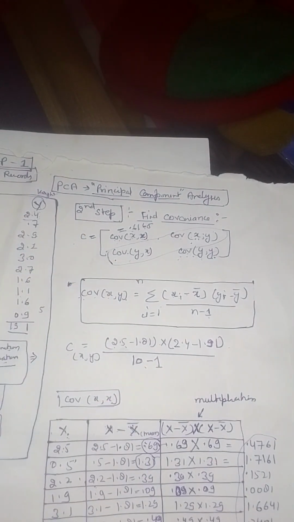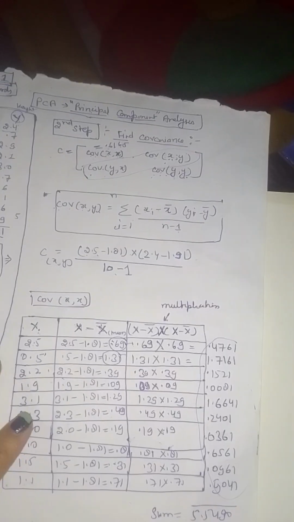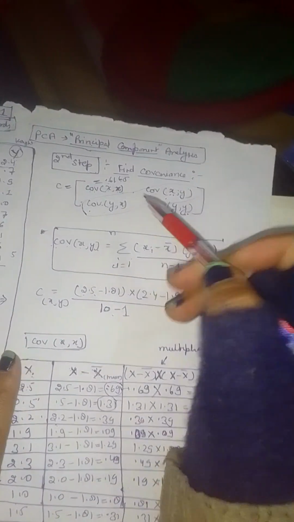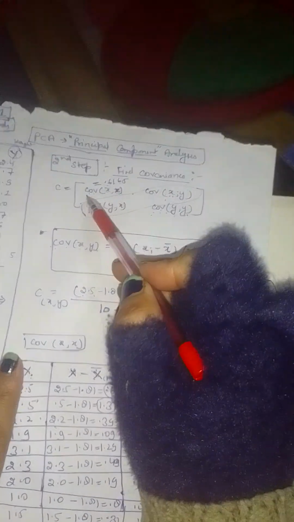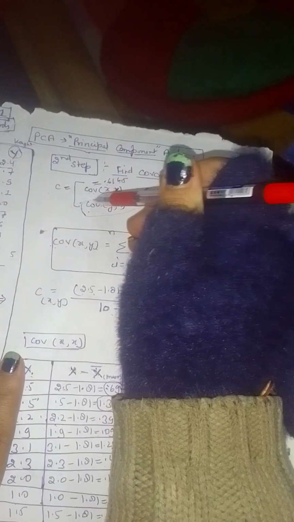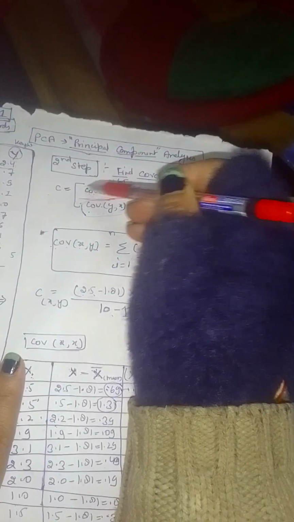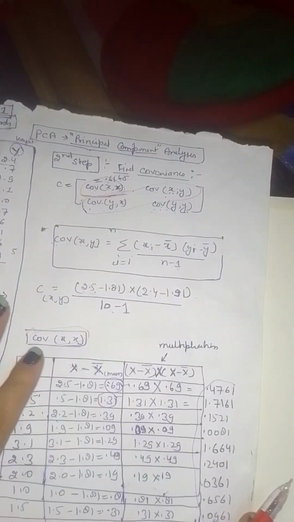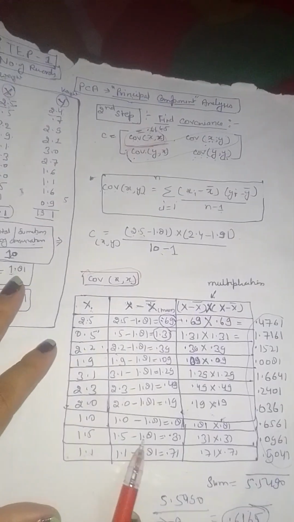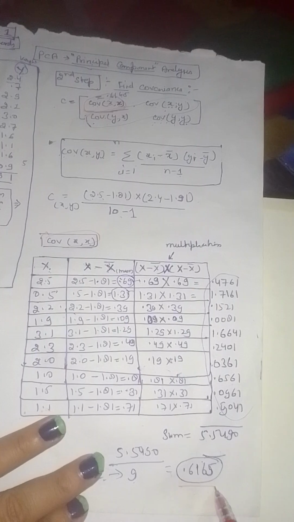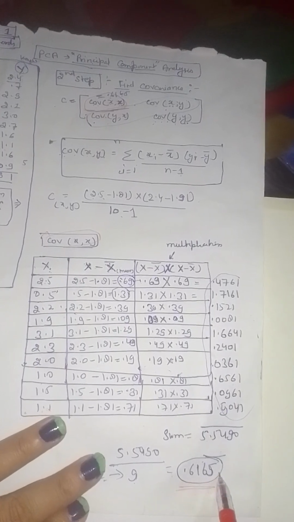After the formula, I calculated the covariance of xx in part 2. This whole table I taught you how to calculate in my previous video, and the final outcome came as 0.6165.